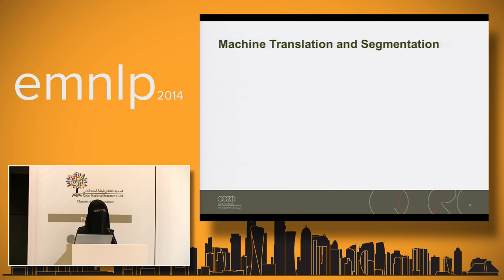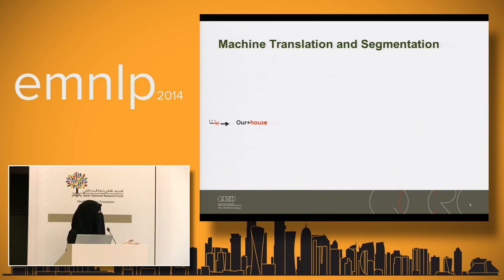Here is a short description of why we focused on developing a segmentation tool to improve our machine translation system. When we pass the data to our machine translation system, it starts to align between the Arabic and English words, but the problem is that we have words in Arabic that are aligned to phrases.